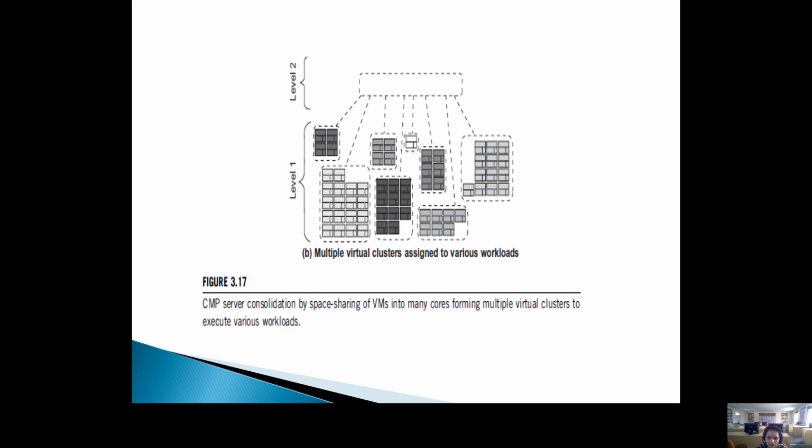A miss at the L1 cache can be invoked to the L2 cache. This diagram shows a logical view of such a virtual cluster hierarchy in two levels.